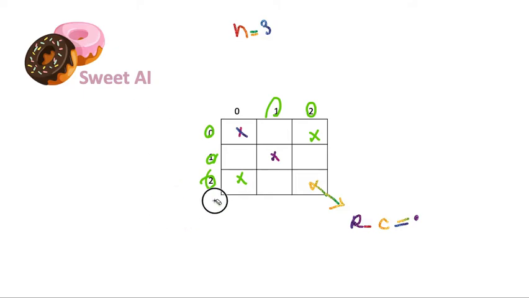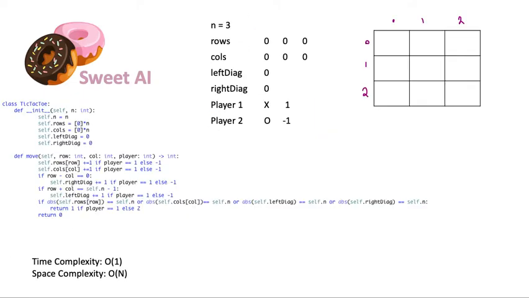Let's jump to the solution and see how we can solve this problem. To solve this problem, we are going to consider 4 different cases. The first case is when the winning is going to happen in a row, like row 1 or 2 or 3, doesn't matter.